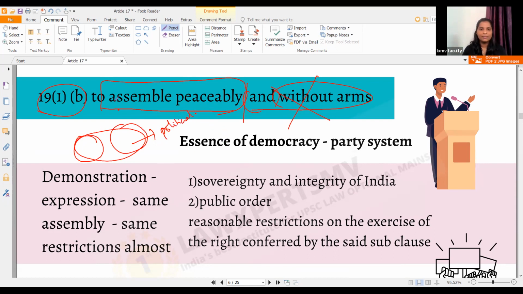They are formed only by an assembly. They come together first and they form a union. And this union will be a political party. Then they propagate using freedom of speech and expression. And then you vote, right? So now this freedom of assembly is so very important that it forms the essence of democracy and our party system. Okay, that's one thing.